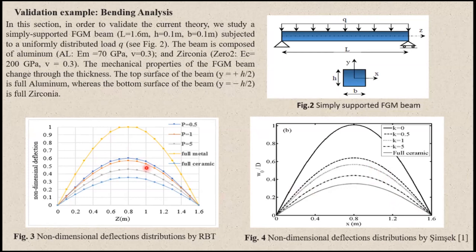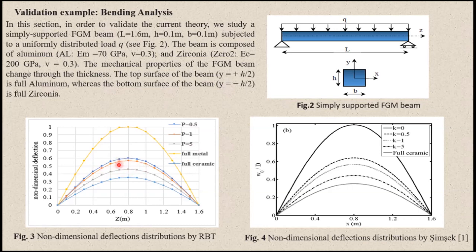It can also be seen that the deflection of the all-metal beam is greater than that of ceramic. This can be explained by the fact that Young's modulus of ceramic is higher than that of metal, and the non-dimensional deflection of the FGM beam when p is 0.5, 1, and 5 is between the metal and ceramic beams.